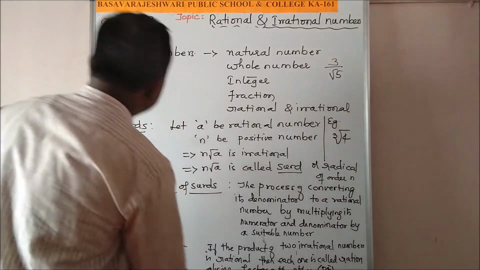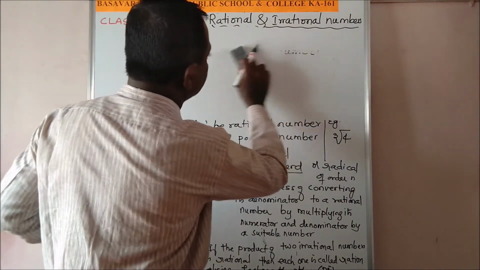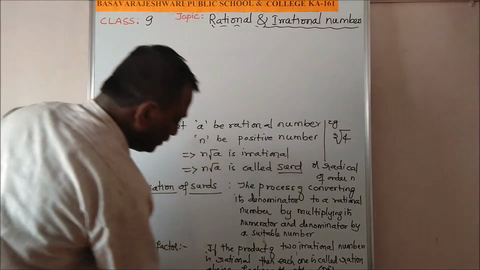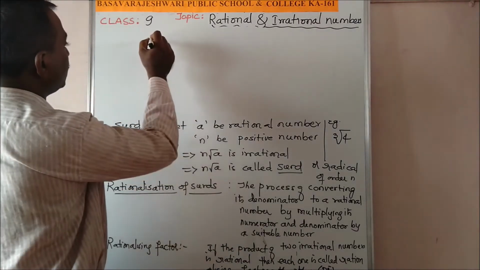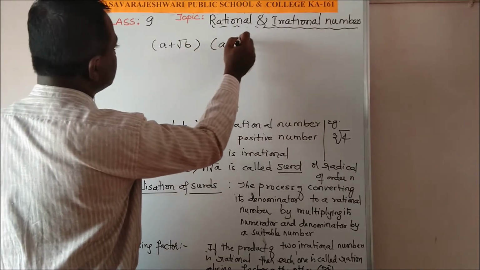To understand this, I will give an example. Here, because it is not visible to you, I wrote down a plus root b and a minus root b.